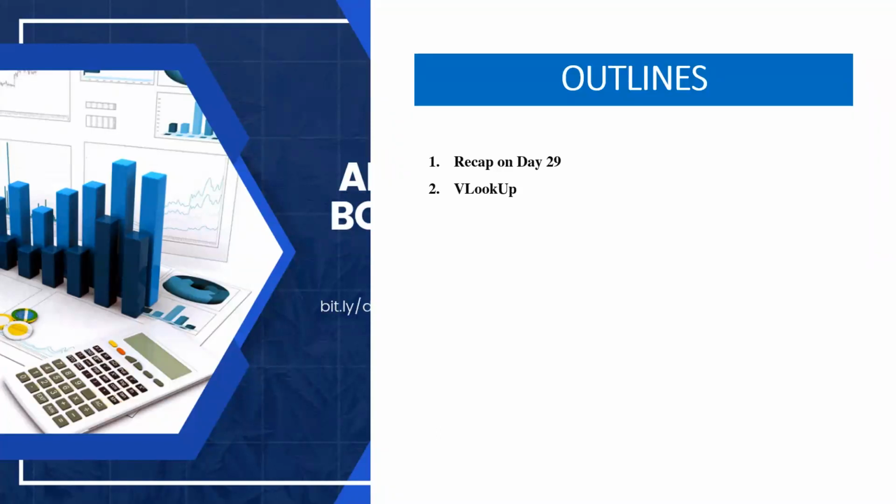VLOOKUP is an abbreviation of what we call vertical lookup. That's what this formula is all about. So what is the use of this formula? We use it to check, or to extract certain information out of the data. Sometimes you are given data, but you are asked to extract certain information based on a particular ID.